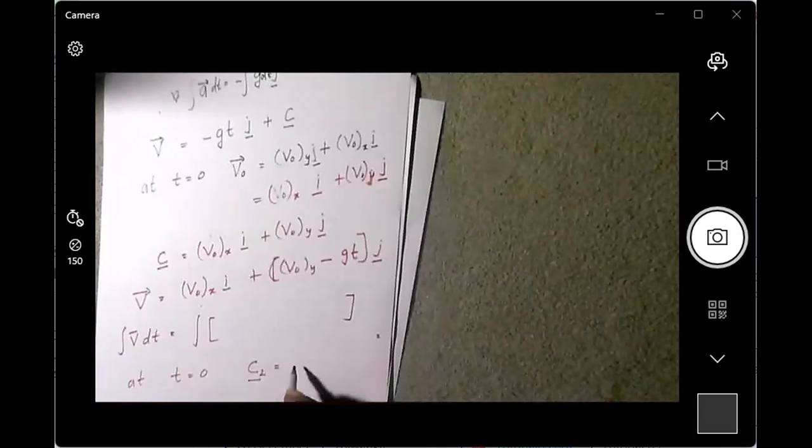At t equals 0 this will be how much? x naught i plus y naught j. And then write the full expression for the position of the particle.